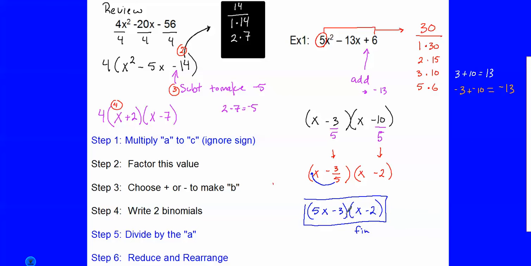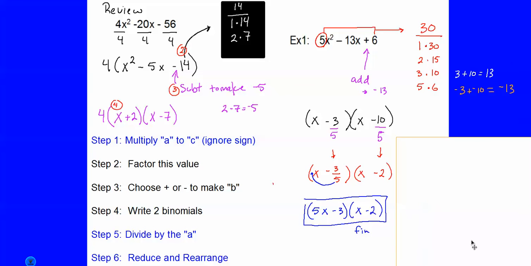All right? If we're going to check, which I highly, highly recommend, we would check it by multiplication. So if I check, what I'm going to do is take the 5x minus the 3. I'm going to multiply it to x minus 2.